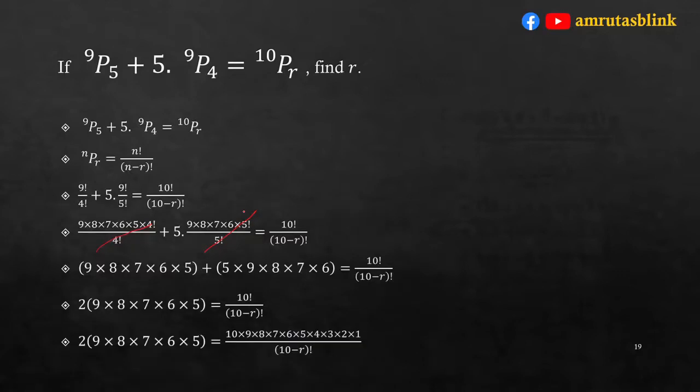Now 10 factorial is equal to 10 into 9 into 8 into 7 into 6 into 5 into 4 into 3 into 2 into 1.